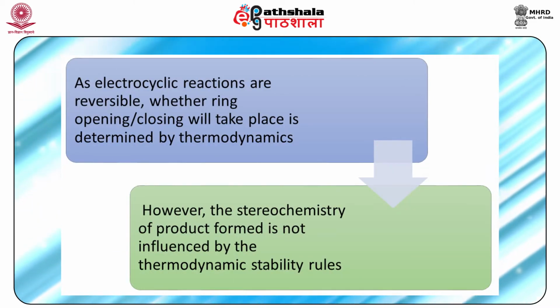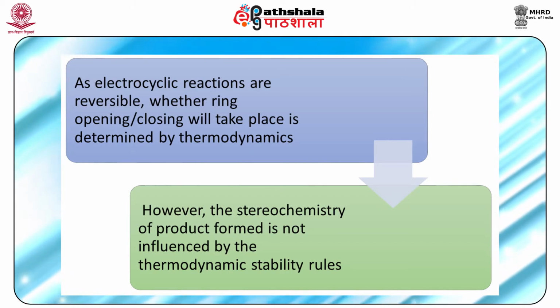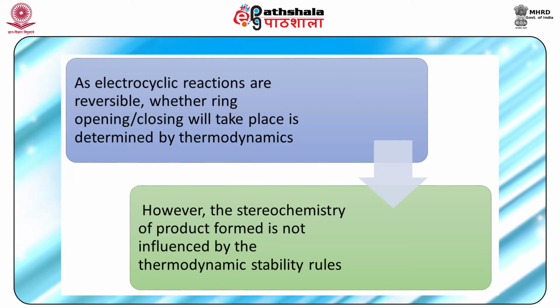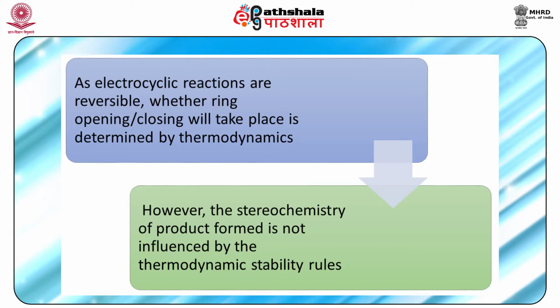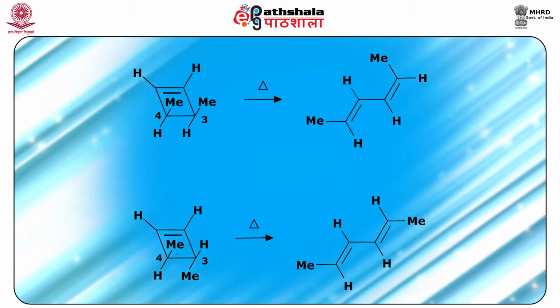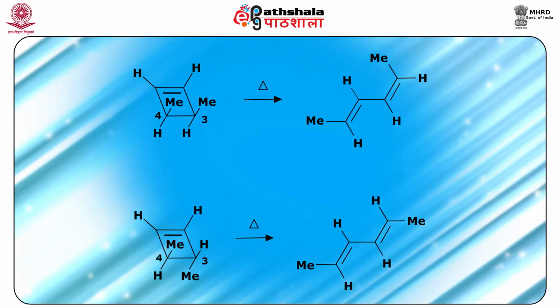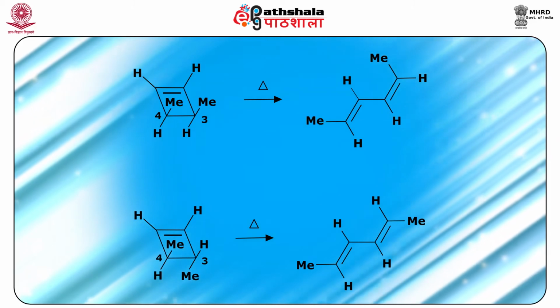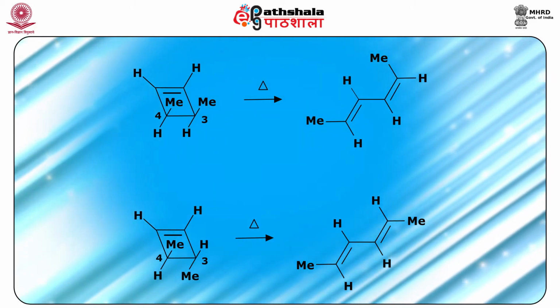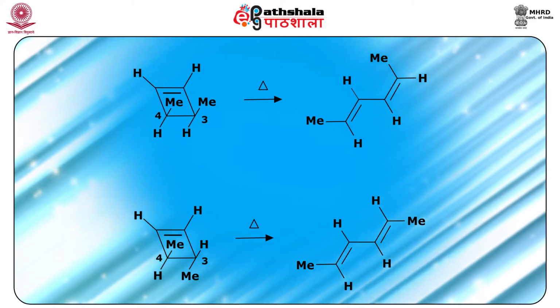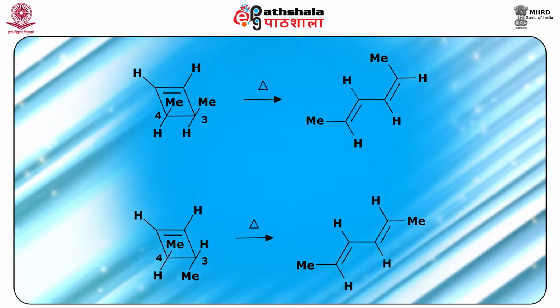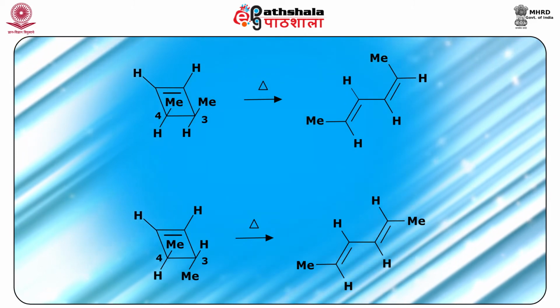As electrocyclic reactions are reversible, whether ring opening or closing will take place is determined by thermodynamics. However, the stereochemistry of the product formed is not influenced by the thermodynamic stability rules. In another example, thermal ring opening reaction of 3,4-dimethyl cyclobutene, which may exist as cis and trans isomers, gives hexadiene, which may be cis-cis, cis-trans, or trans-trans isomer.